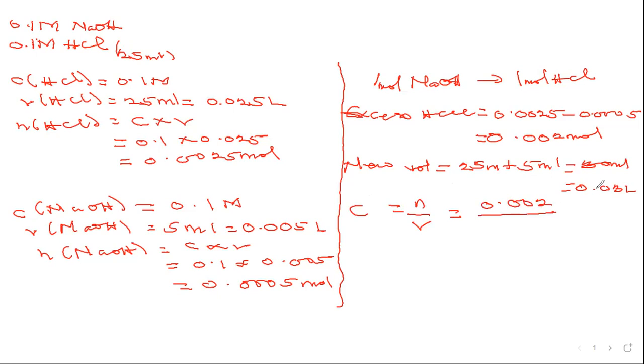Then we divide it by our new volume, 0.03. 0.002 divided by 0.03, we are going to get 0.0667 molar as our new concentration. So this is the new concentration of our solution.